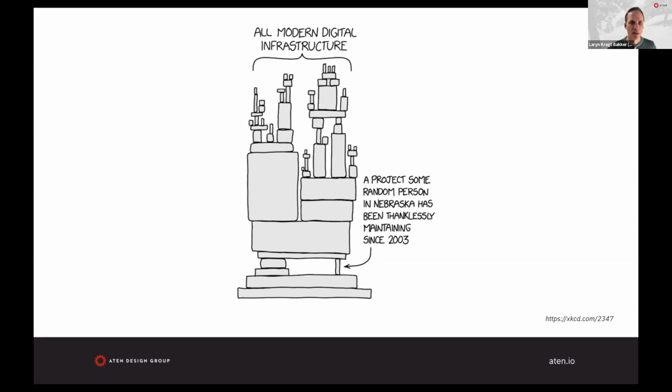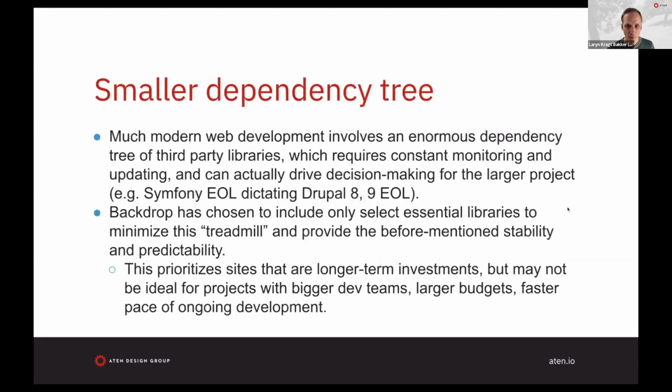And so you have this sort of fast treadmill pace that is just driving things into this cycle of updates, which is not for everybody. So Backdrop has chosen to include only select essential libraries and minimize this treadmill and provide the before mentioned stability and predictability in that way.